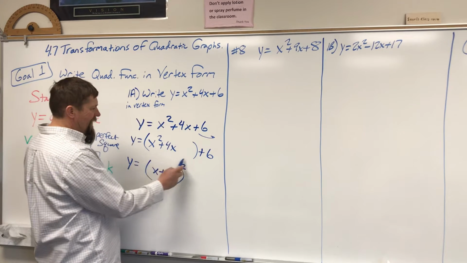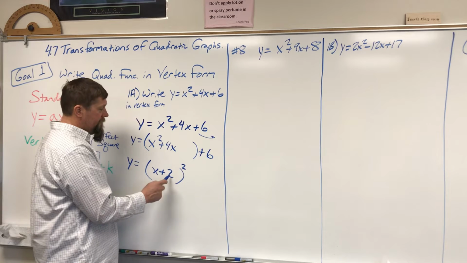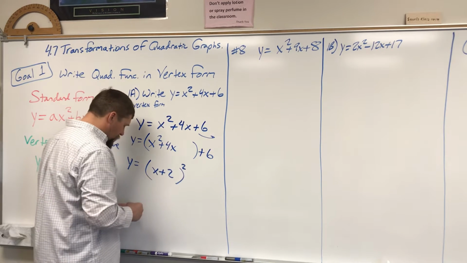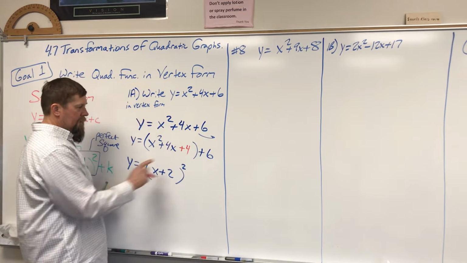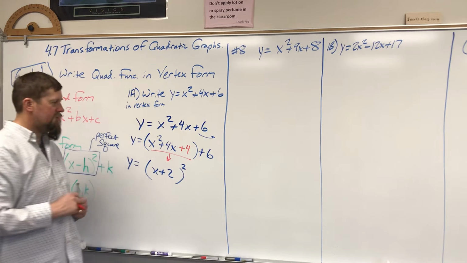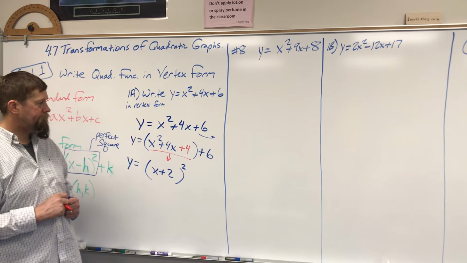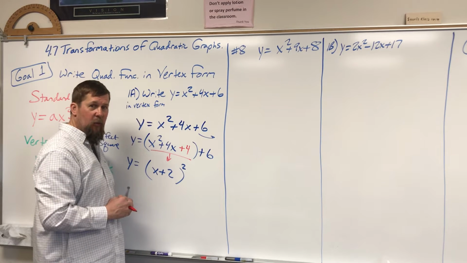Now, this right now is not equal to this. However, if I add 4 here, it now makes this equal to x plus 2 squared. Now, you can't just add 4 to one side of an equation.